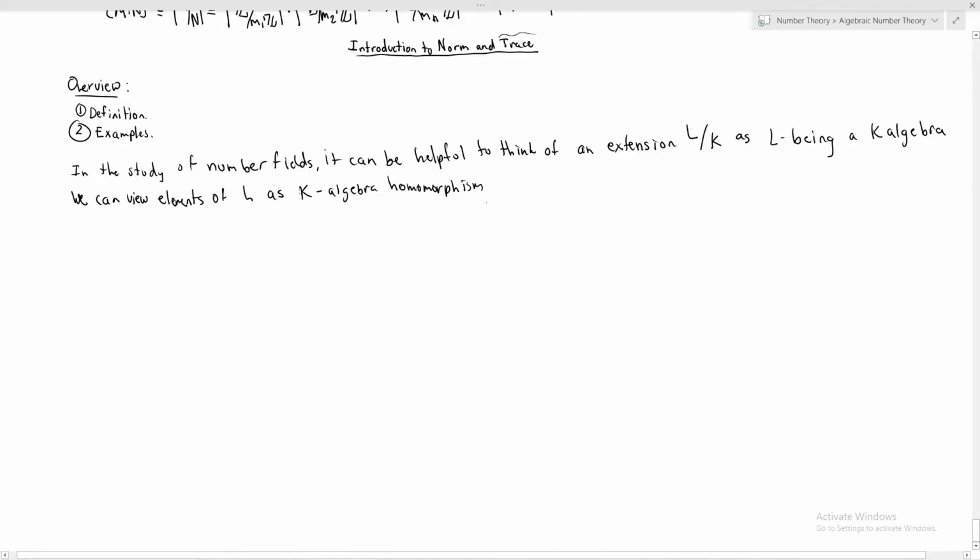So how do we do this? Or I guess not K algebra homomorphisms, sorry, they should be just K linear homomorphisms.